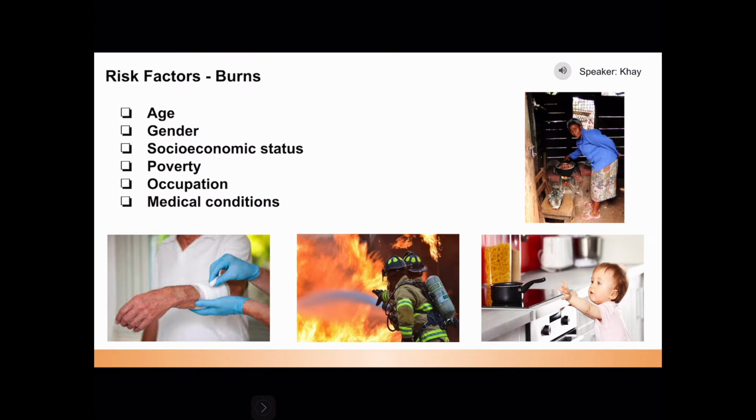Firefighters, restaurant workers, and construction workers are just some common occupations where burn injuries can occur. Other risk factors are alcohol abuse and smoking, and people with underlying medical conditions, including epilepsy, peripheral neuropathy, and physical and cognitive disabilities. Next slide.